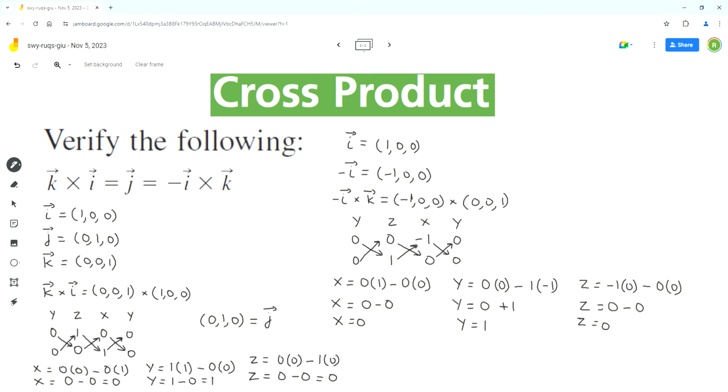So the cross product of vectors minus i and k is equal to vector 0, 1, 0, which is equal to the j vector. So that means minus i cross k is equal to vector j. So that verifies this vector equation.